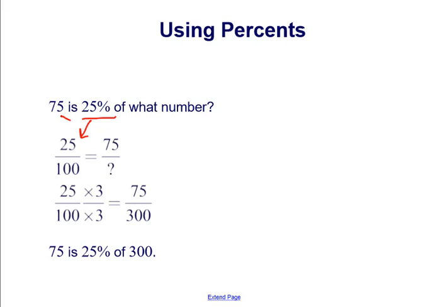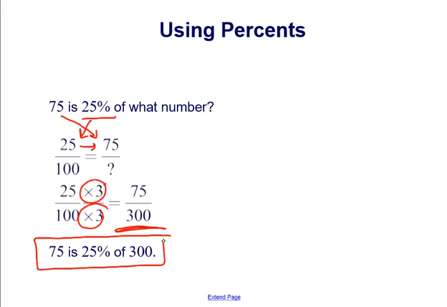The 75 is then the numerator of what it's going to be equal to with the unknown in the denominator. So the relationship between 25 to 75 is multiplying by 3. So we're going to do that to the denominator of 100, multiply by 3, which gives you 300. So 75 is 25% of 300.